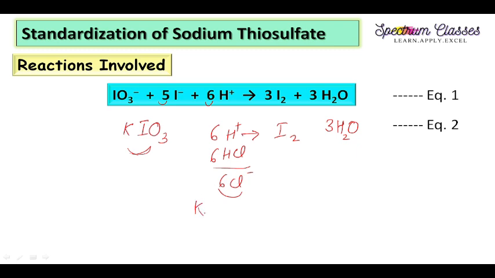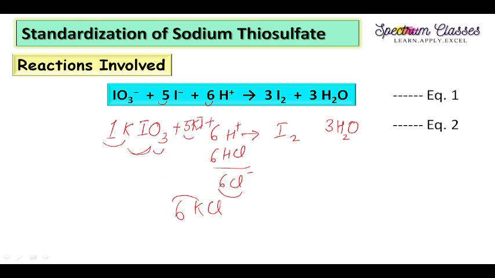How are you going to balance this Cl minus? You are preparing 6KCl, right? Now, how are we getting this 6KCl? 1 comes from this, and the rest 5 will come from 5KI, right? Why this 5KI? Because if I multiply it with some value, then my oxygen will change. I didn't do that, right?